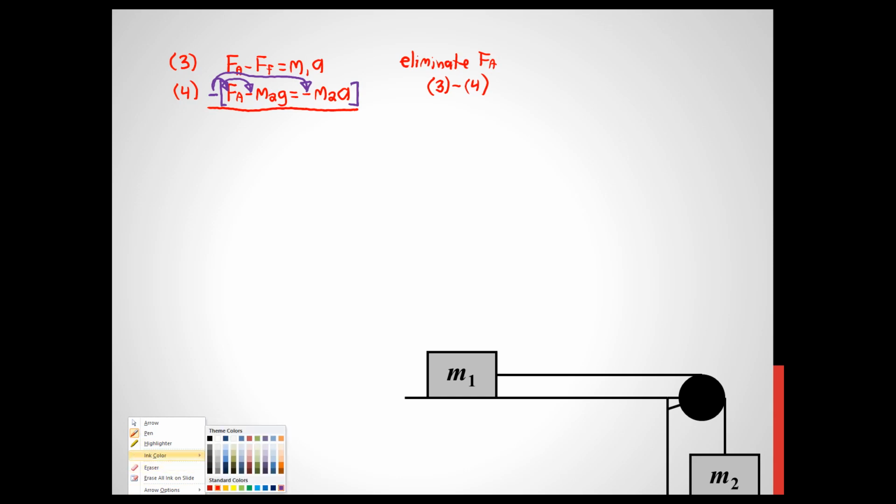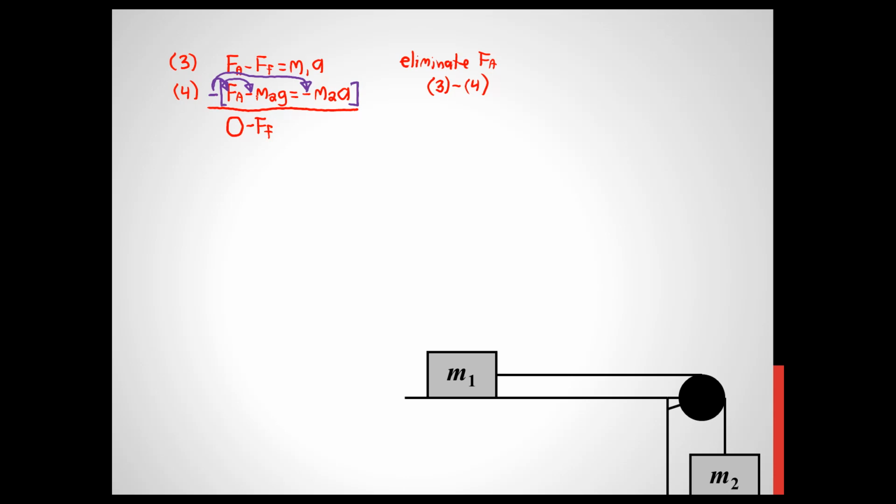Okay, and then let's go back to red color. So look at this right here. FA minus FA, we can think about subtracting terms vertically, I suppose. So FA minus FA would just be 0. That's good. That's eliminated the one variable I don't want. Then I'd have negative FF subtract negative M2G.